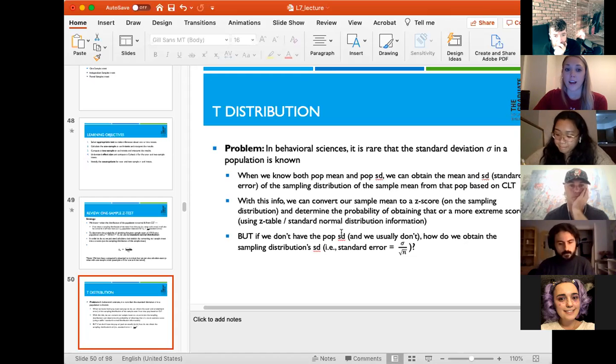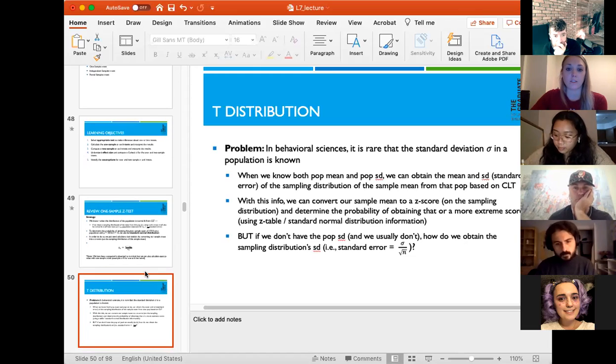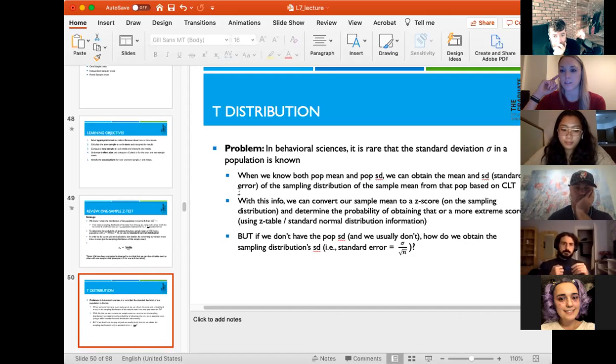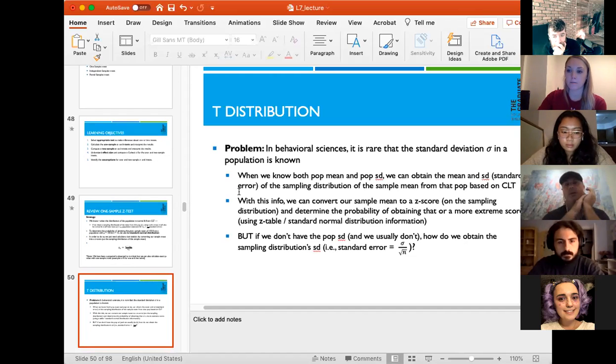So let's think about what we use the standard deviation of the population for. When you do a one sample z-test, why do you need to know it? Where do you use that information? Is it calculating the standard error?